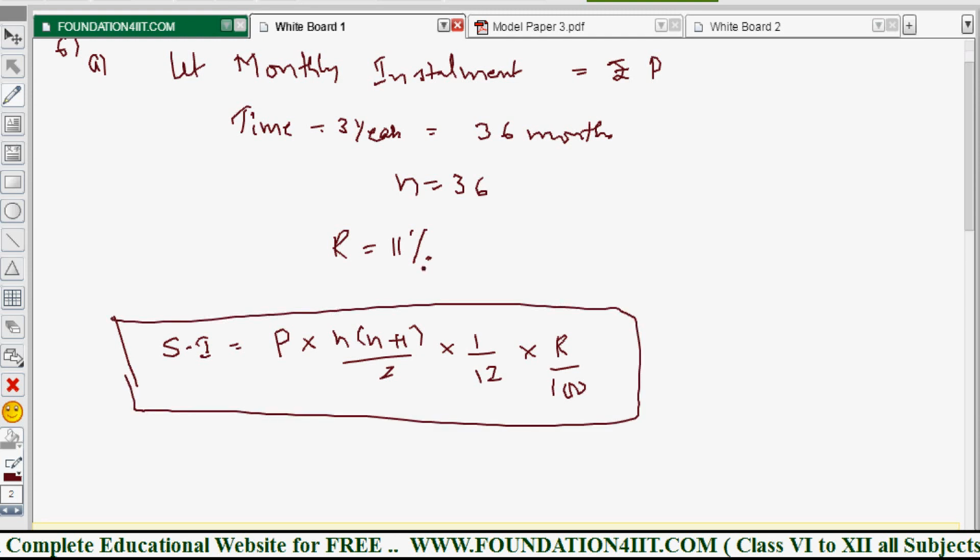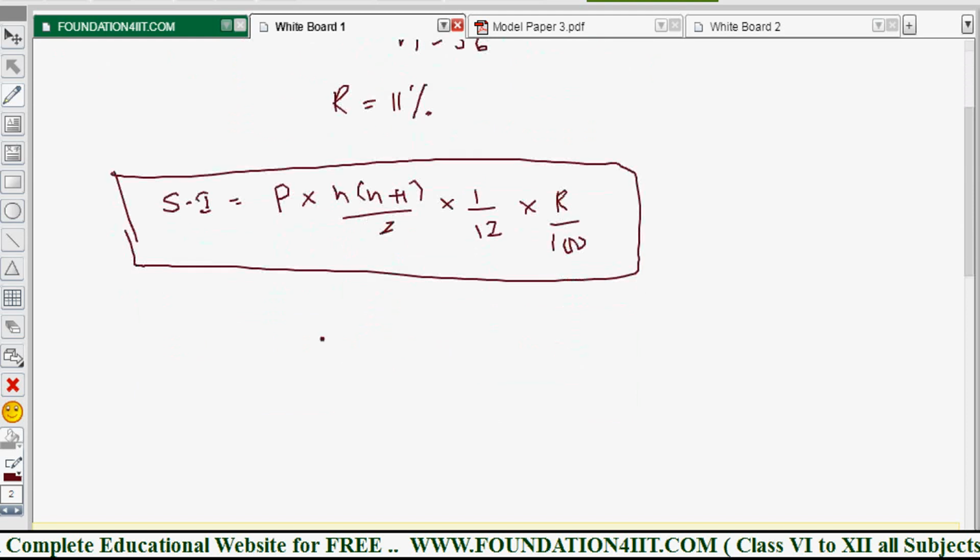Simple interest is not given, but we take P as x, so x into 36 into 37 by 2 into 1 by 12 into 11 by 100.